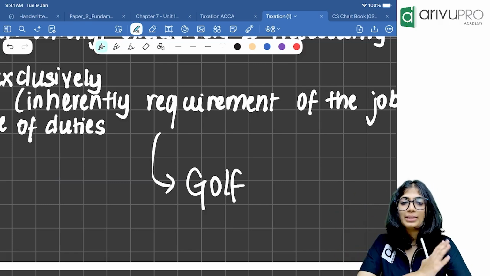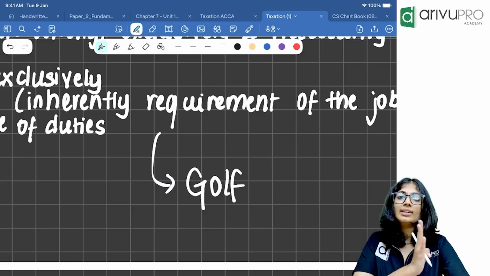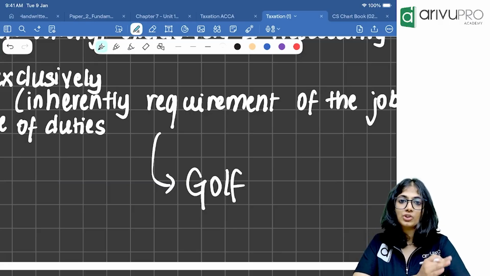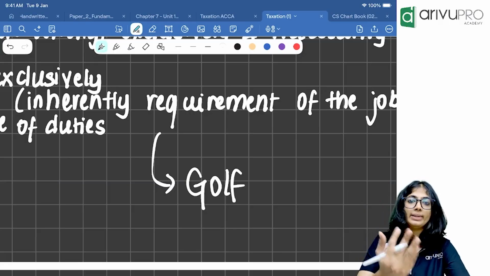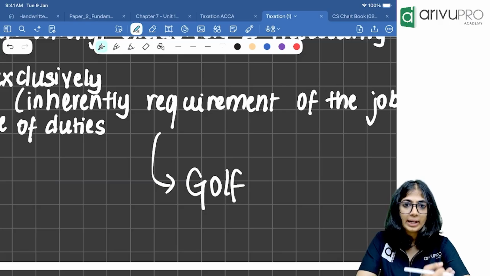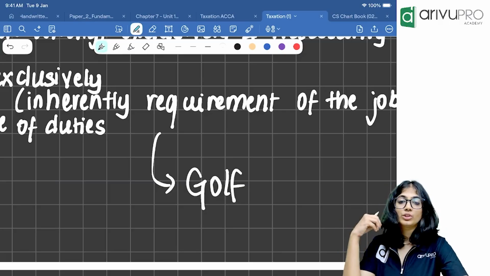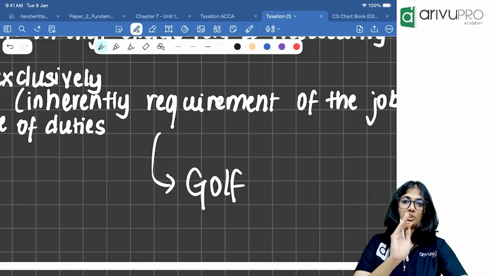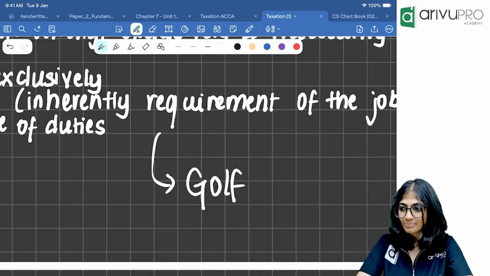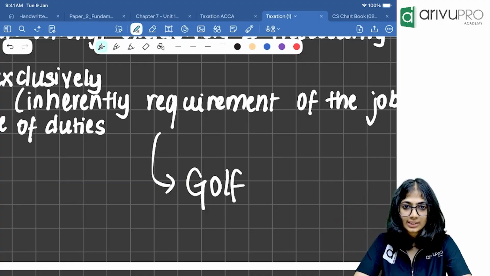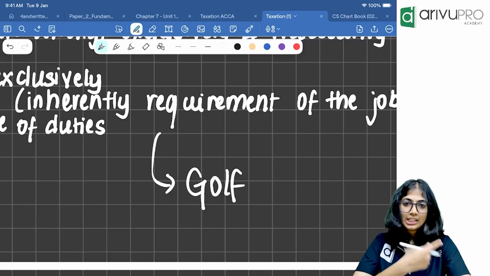Had someone else been in your position, they would have met the client in a proper restaurant maybe, or a proper desk, or at a co-working space, right? If it's an inherent requirement of the job, that is anyone who is employed in your position has to incur this cost, then it is allowable.